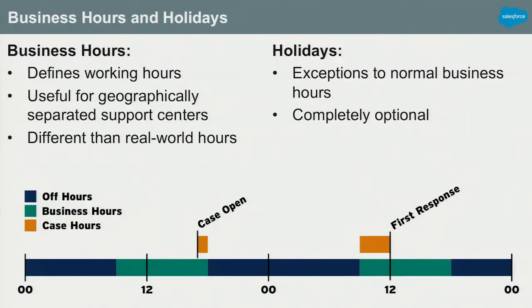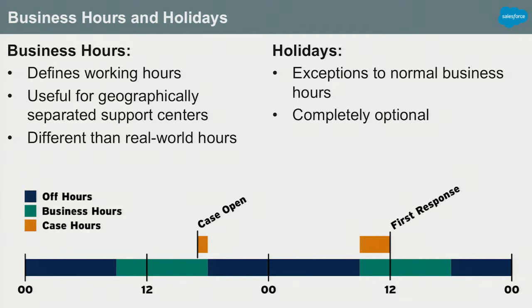Business hours define your working hours. They're very useful for geographically separated support centers, and they are different than real-world hours. If we take a look at this chart at the bottom, we can see that our business hours run from 8 a.m. to 6 p.m., and our off hours are the times that our support center is not open.